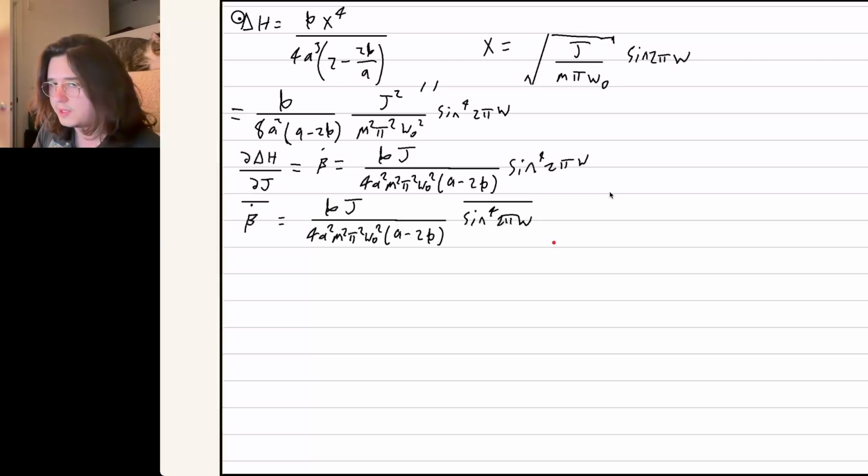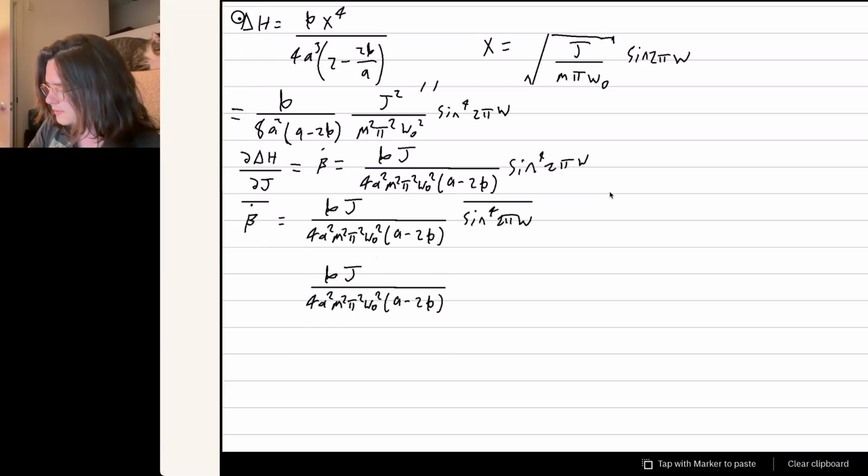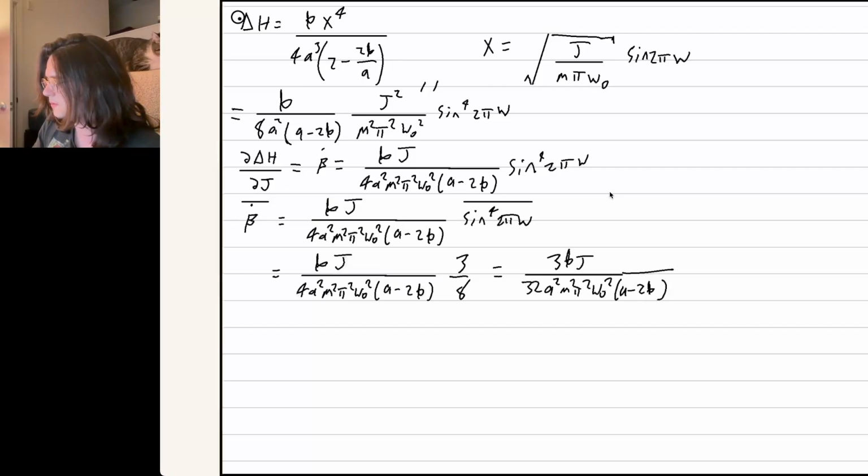It's 3 over 8. So the average is just going to be that stuff times 3 over 8, which gives 3bJ over 32a squared m squared pi squared omega naught squared (a minus 2b). That is how the angle changes in time.